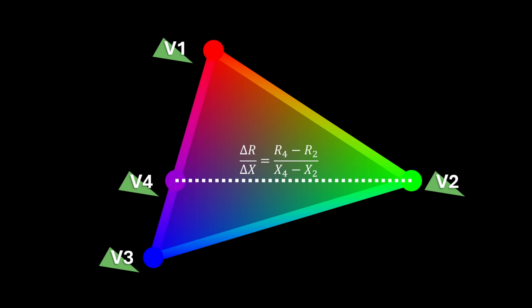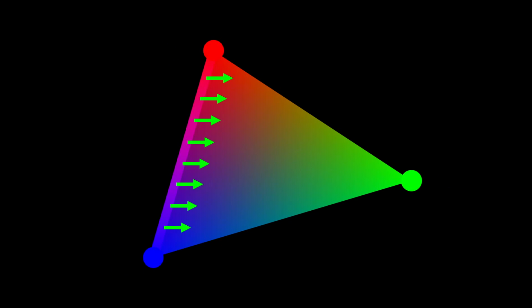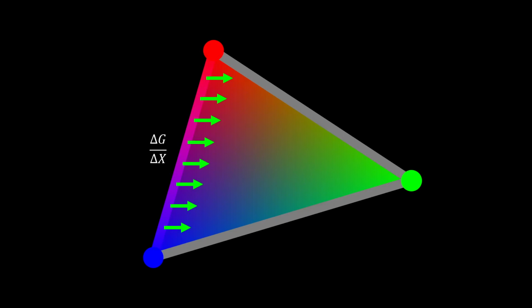Once we have that, we can take whatever point we have along an edge, and this gradient will always be the same. So we can always use that to do our horizontal interpolation. So this gradient is always the same. And in fact, we don't even need the color gradients of the other two edges anymore, because we've already defined it.